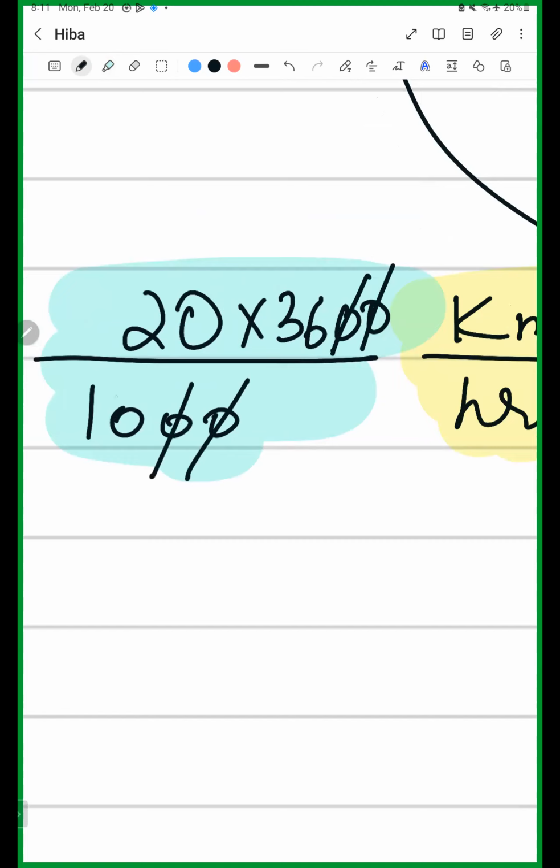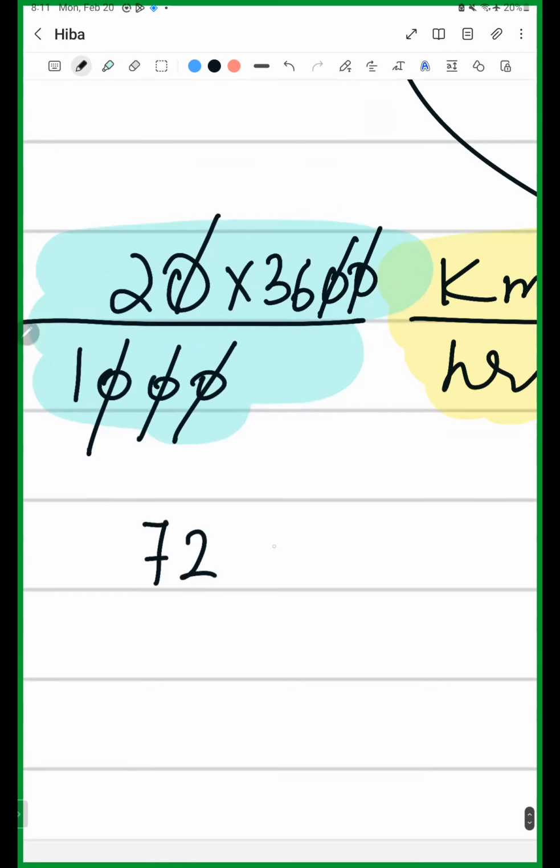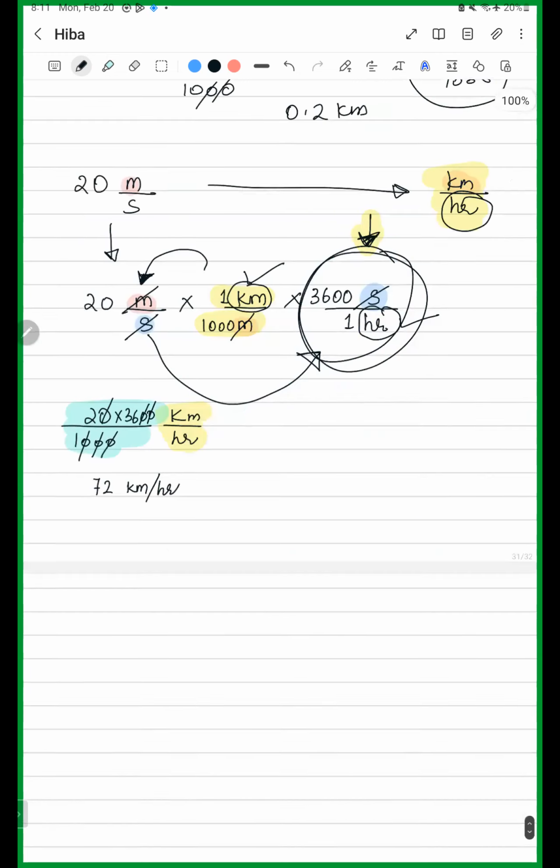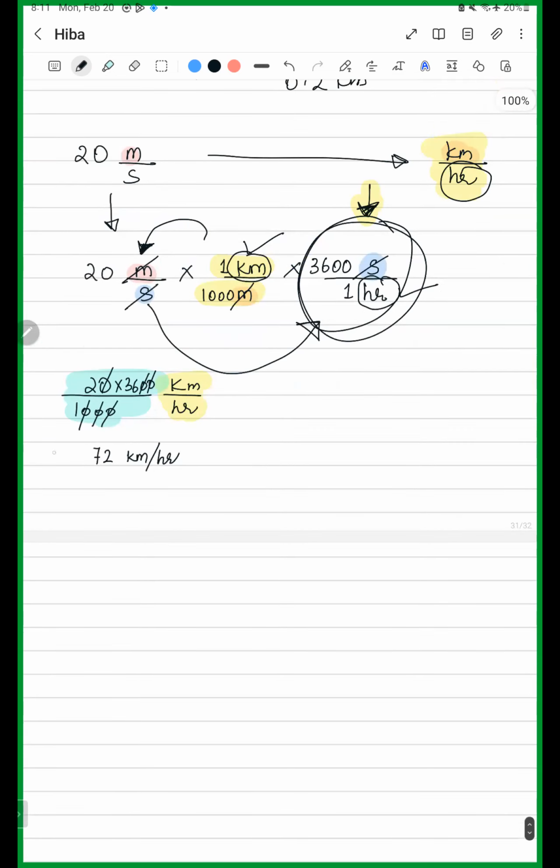What are we left with? 36 into 2? Yeah. What is 36 into 2? It is 72. 72 kilometers per hour. That is the final answer. Okay, I understand.